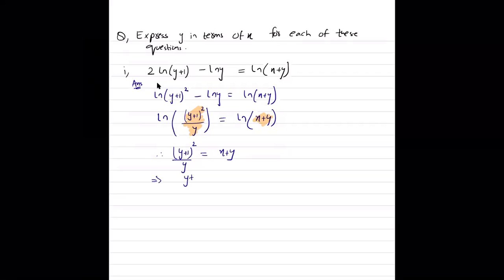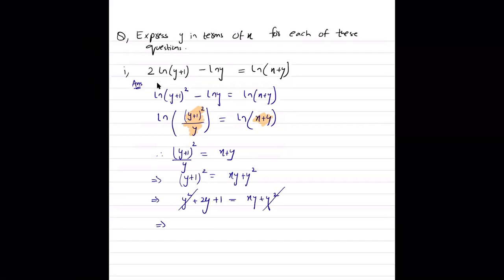Y plus 1, the whole thing square is going to be xy plus y square. If I expand this, I'm going to get y square plus 2y plus 1 equals xy plus y square.